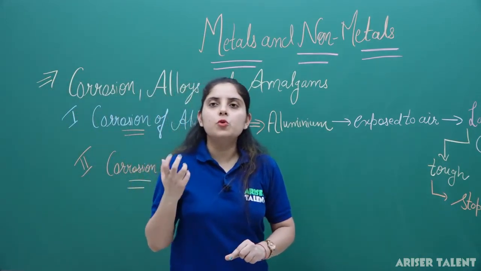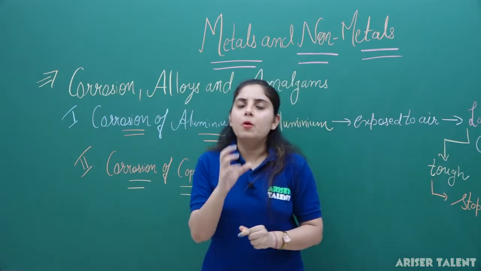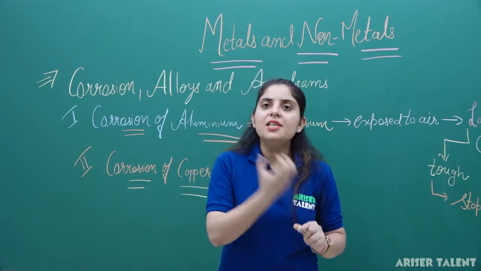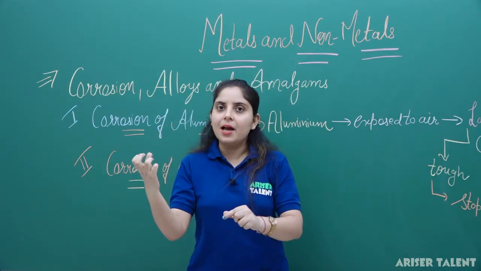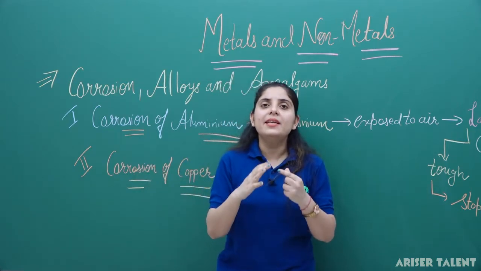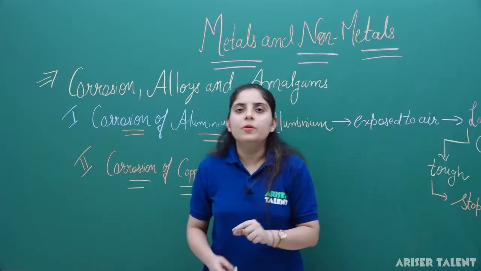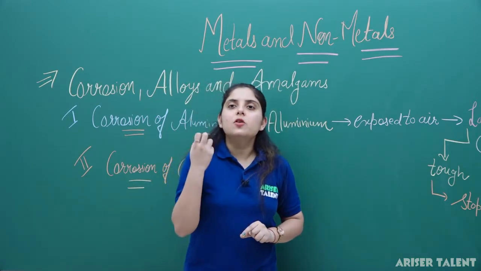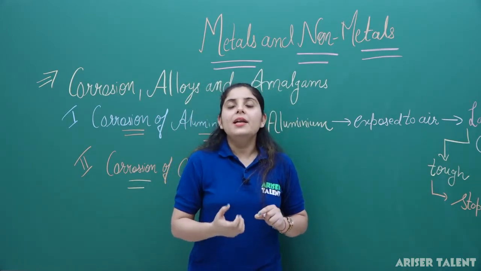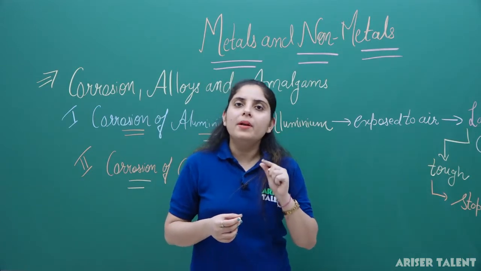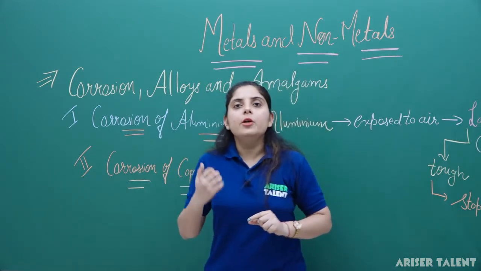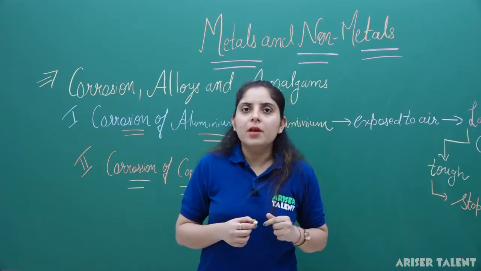Copper when exposed to air, in which there is an amount of carbon dioxide present, reacts and forms a green colored coaty layer of Cu(OH)2·CuCO3, that is copper carbonate, and it makes the appearance of the copper dull. So it reduces the shining appearance of the copper.